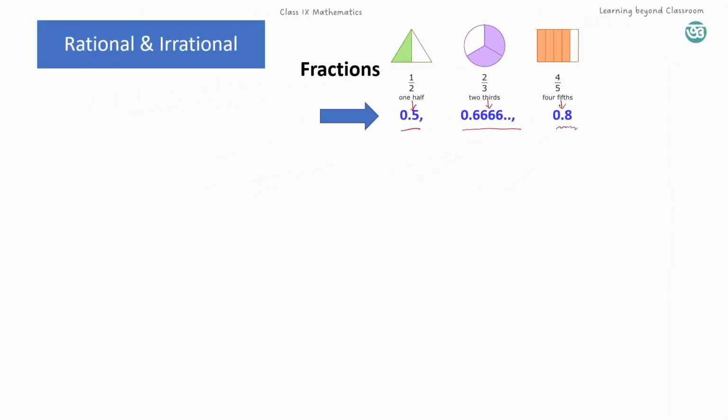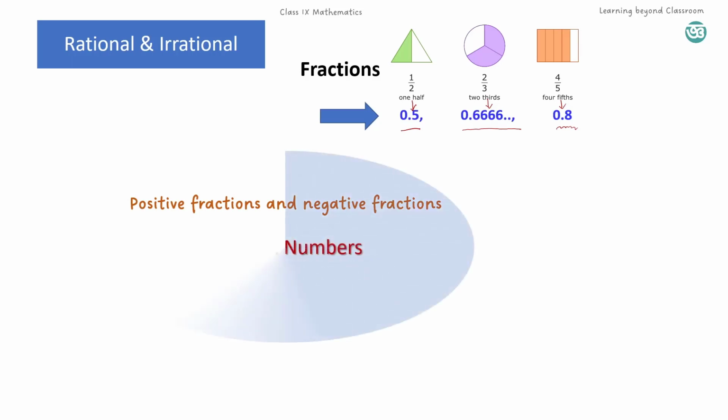So all fractions can be expressed in decimal form. All positive fractions and negative fractions, including 0, come under another set of numbers called the rational numbers, represented by letter Q. So Q is the set of all rational numbers.